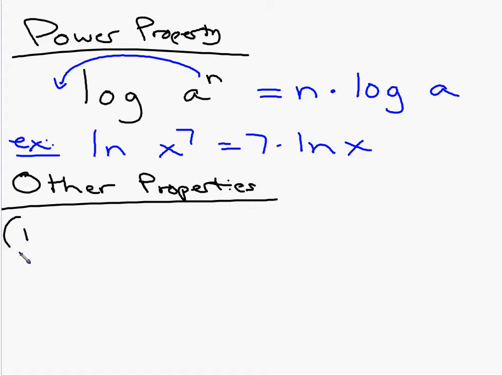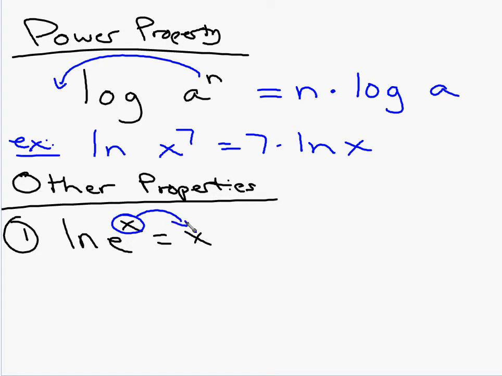Here's the first one. This one is huge. The natural log of e to the x is equal to x. Or in other words, the natural log of e to the mess is equal to the mess. No matter what this is up here, it can be simplified to just this.